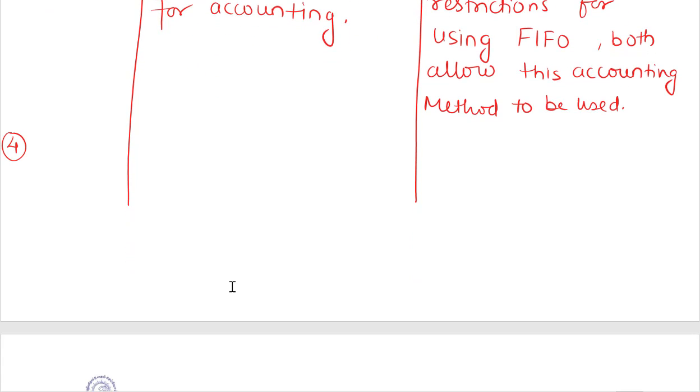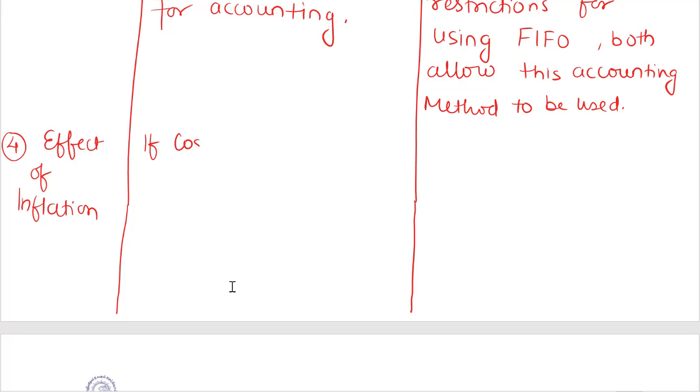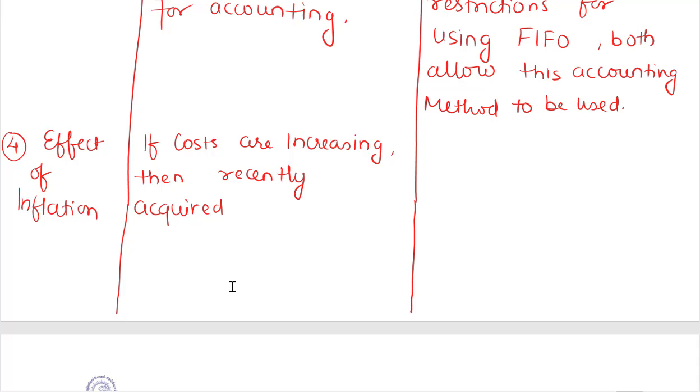Next point, effect of inflation. If costs are increasing, then recently acquired items are more expensive.